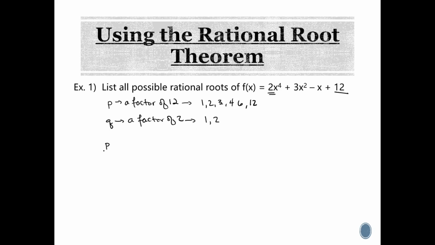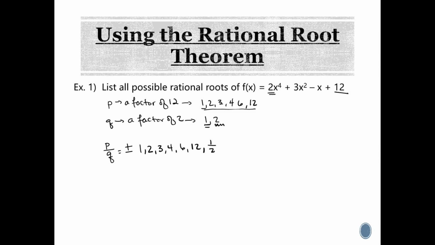So then we form the fraction of all these values. And it is an integer factor, so we're going to put plus and minus as our possibilities. So we're going to put all of the p values over 1. So that would just be 1 over 1, 2 over 1, 3, 4, 6, and 12. And then we can put them all over 2.